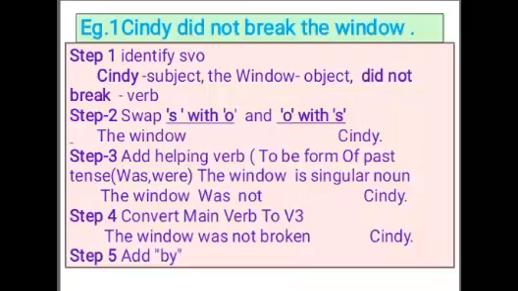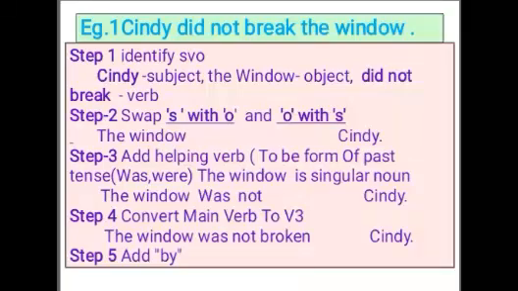Step 3, helping verb of past tense, was and were. The window is a singular noun, so here was is written and not is also written after was. Step 4, time to add the third form of the verb. Break, broke, broken.